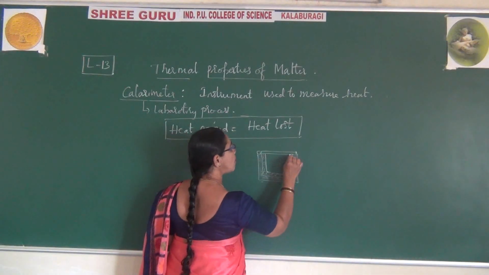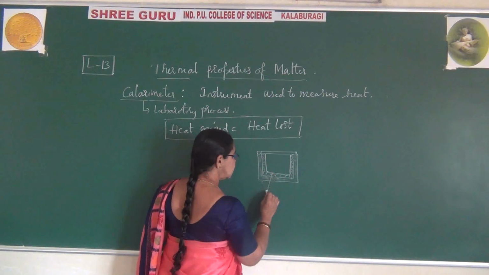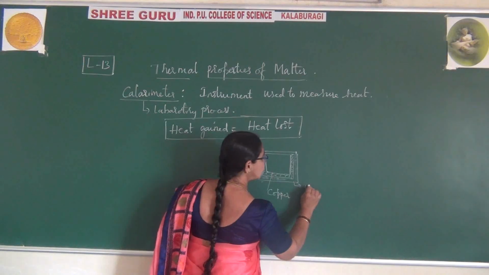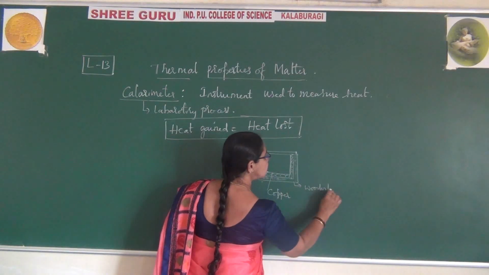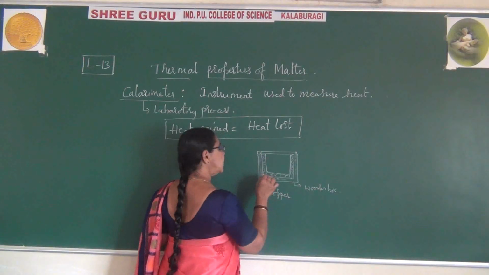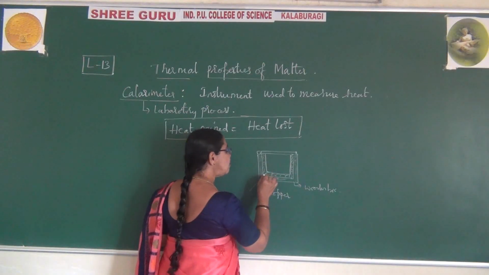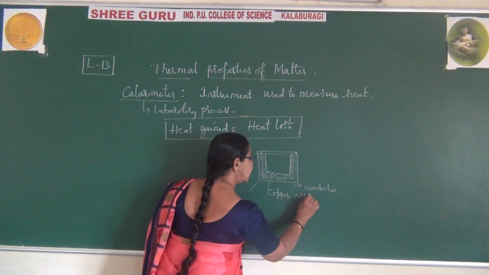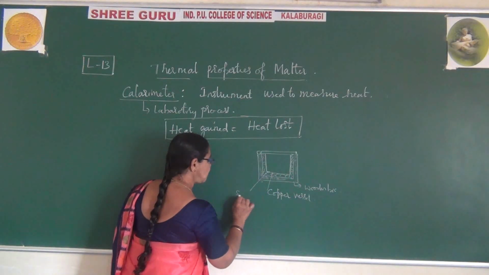The vessel is made up of copper, right? So this is made up of copper, and this is a wooden box, and in between the wooden box and the copper vessel we are placing sponge.